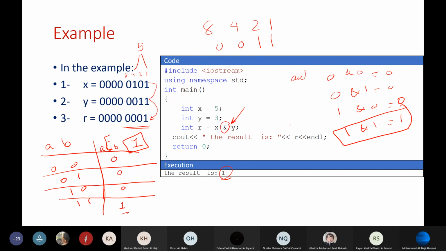So the only time that I get an output of 1 is when both are 1. This will be used in control, and when we use if statements and multiple conditions, you will see how useful it is.